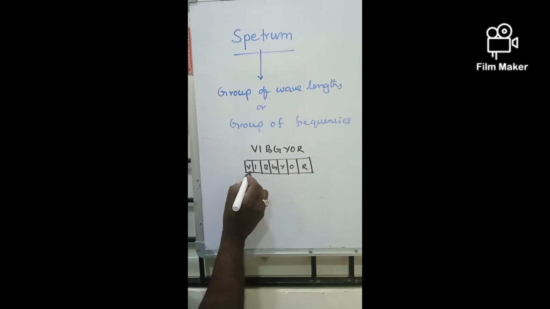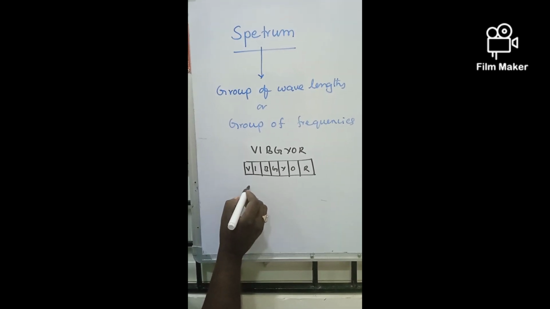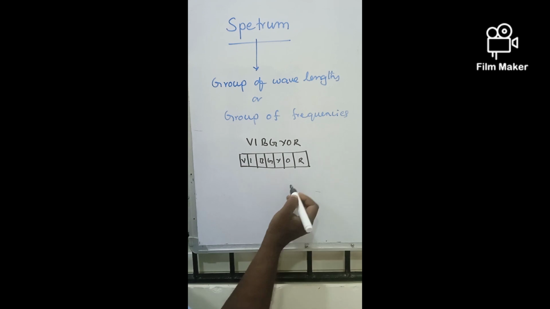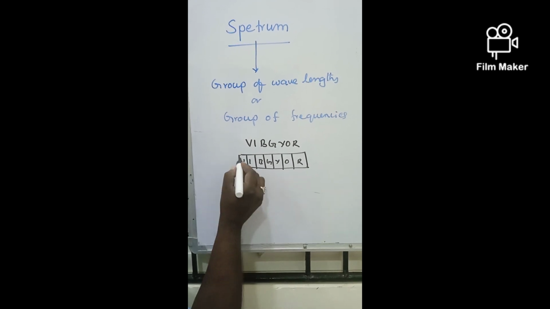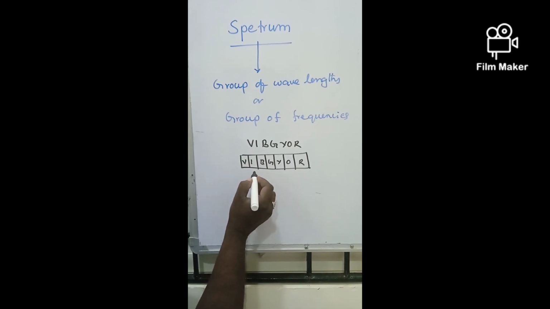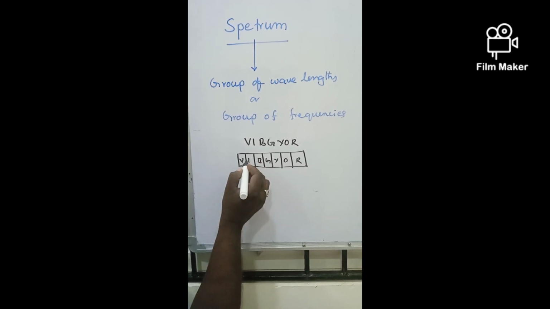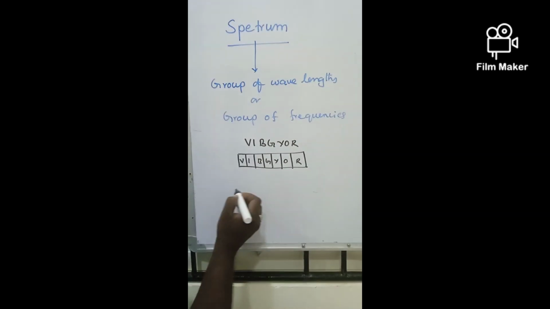Each color has its own wavelength, but the frequency is common, because all these are under visible light, part of white light only. That's why all have the same frequency, even though the wavelength is different.